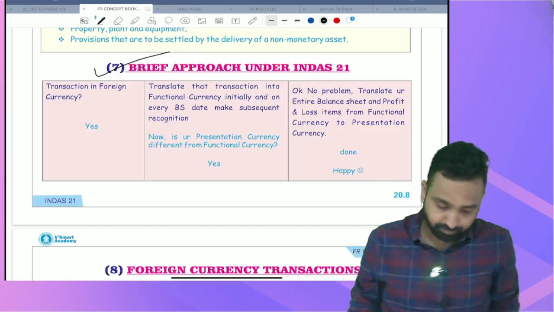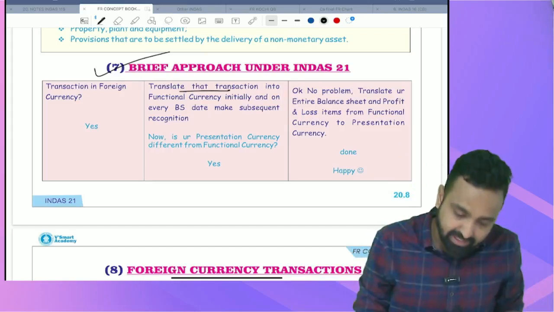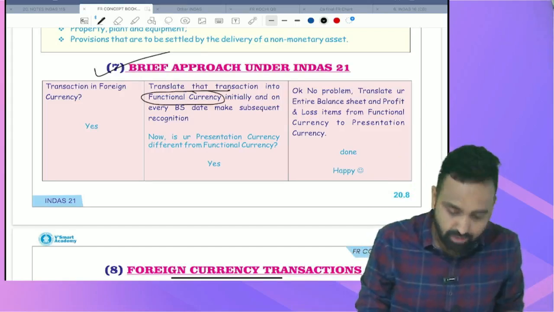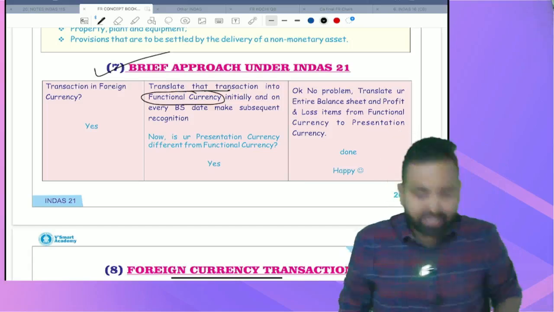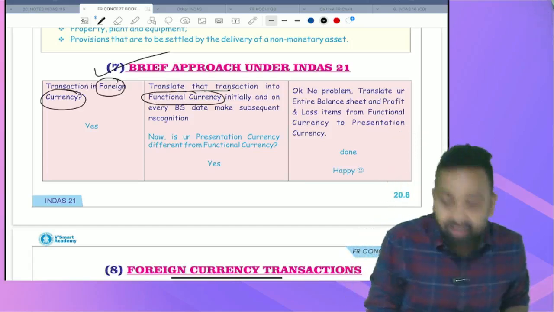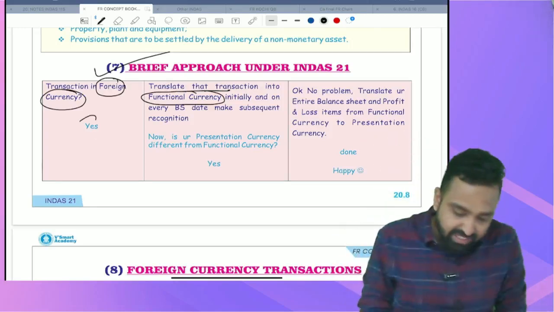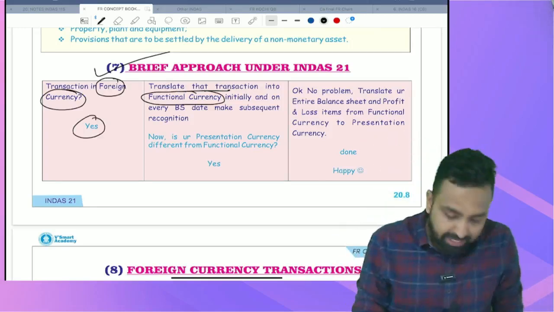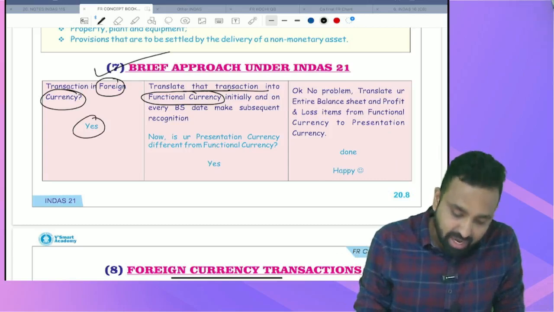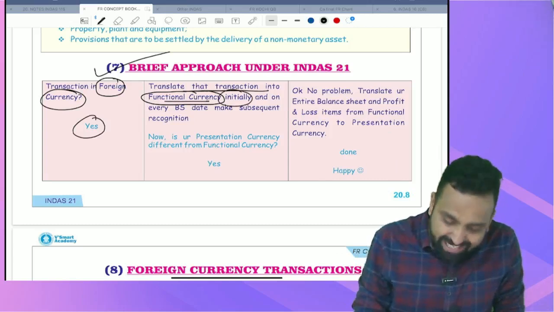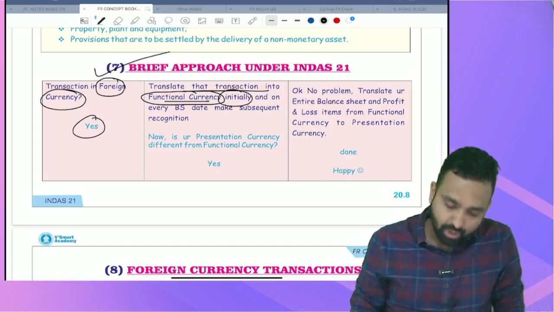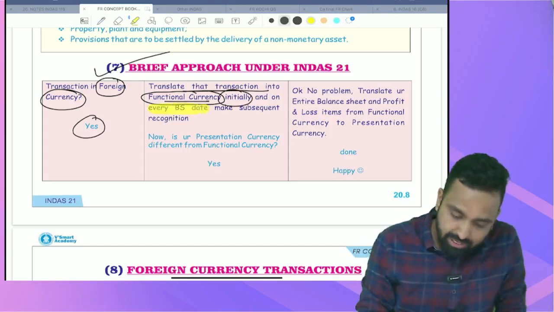Second question: translate the transaction into... So what is the approach of Ind AS? Ind AS first asks whether there is a foreign currency transaction. We are saying yes. So it gives the solution that yes, translate that transaction into functional currency initially and on every balance sheet date make subsequent measurement.